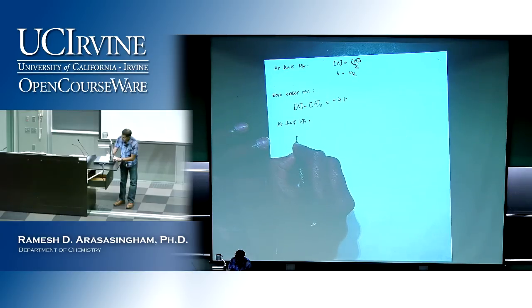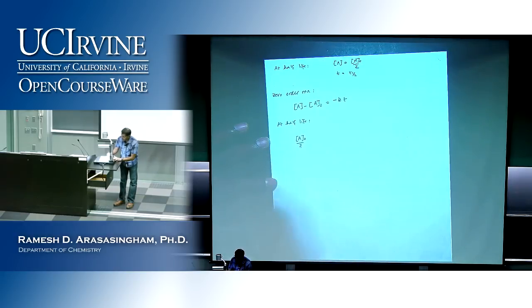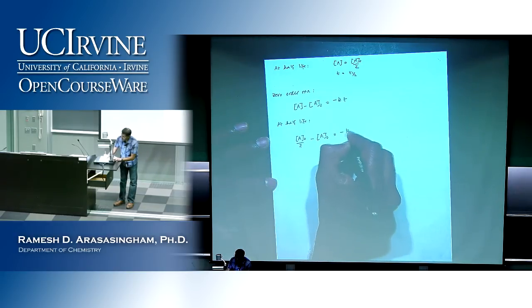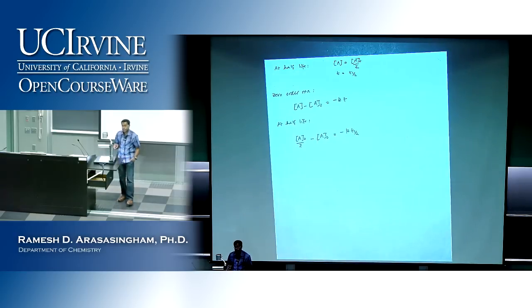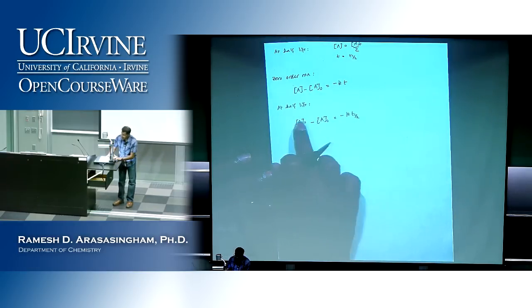I know that A0 divided by 2 minus A0 equals minus K t half. Okay, so now we're looking at half-life. And you can see that if this is 1, this is half.